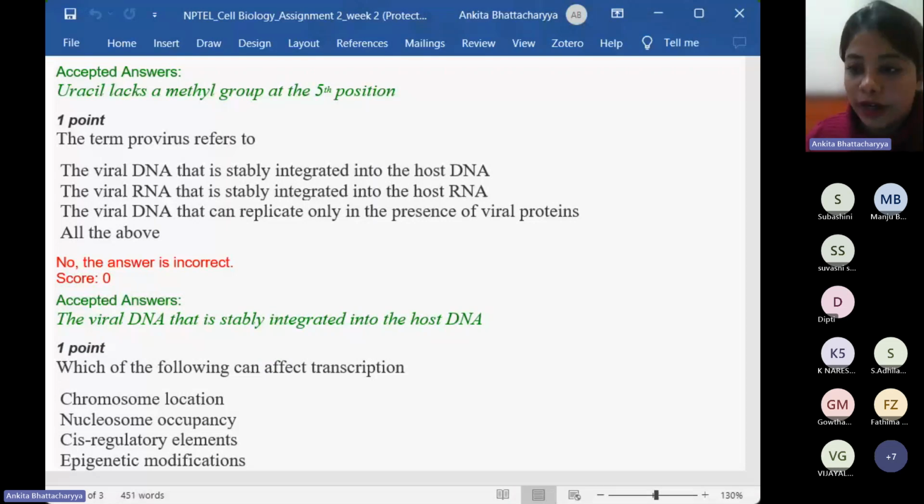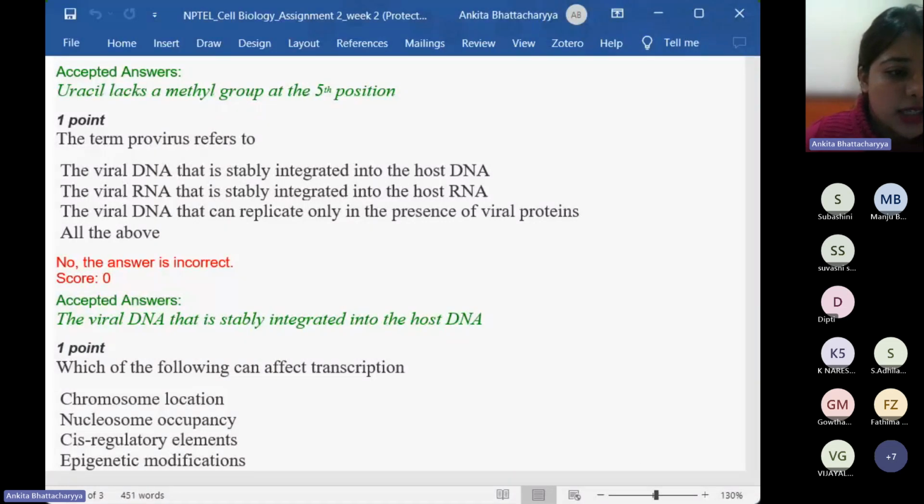When there is an external stimulus, suppose some radiation or some mutation, which causes that viral DNA to excise out of the host DNA and form a new virulent particle, and then execute its pathogenic activity. That would be a provirus.